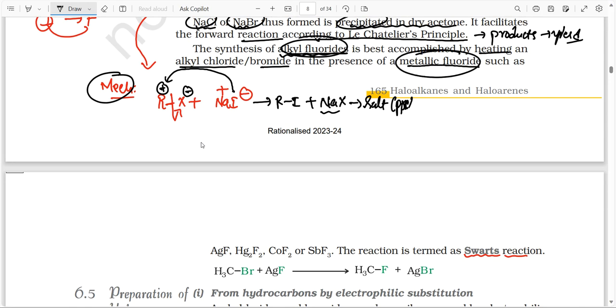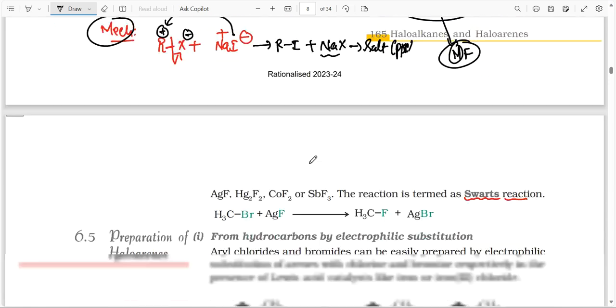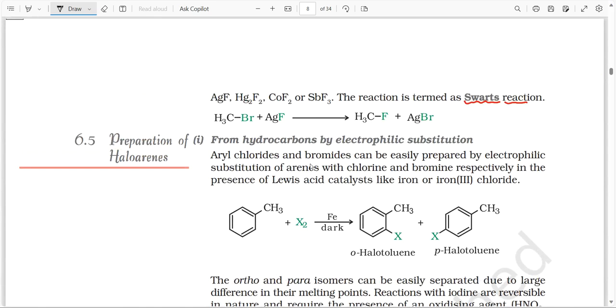In the presence of the condition here, metallic fluoride, we clearly observe metal and fluoride. Here the metal may be the following ones. Okay, this is the general reaction. When this alkyl bromide or chloride is reacted with metal fluoride, we observe silver fluoride, mercurous fluoride, cobalt, antimony.